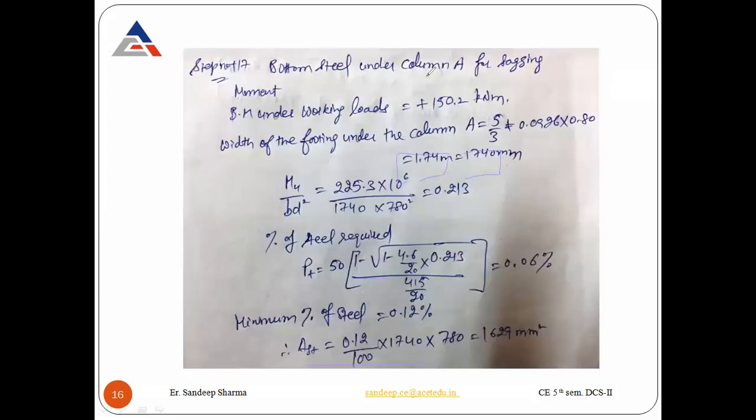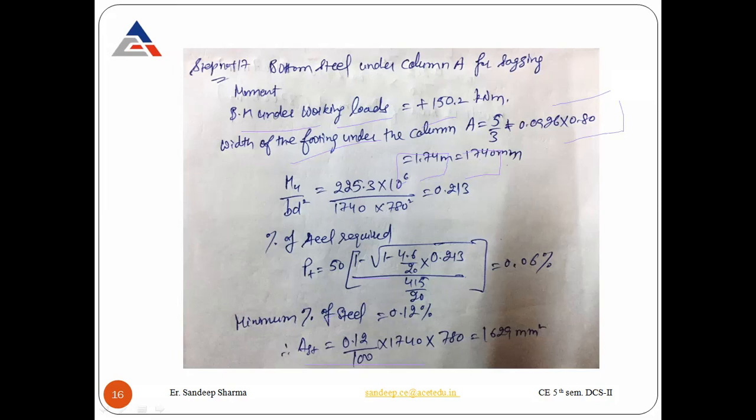Then we have the bottom steel under the column A for the sagging moment. So the bending moment under the working load was 150.2 kilonewton meter under the column A. So for the width of the footing, we put the left projection we have from the axis of the column A, that is 0.80 here.